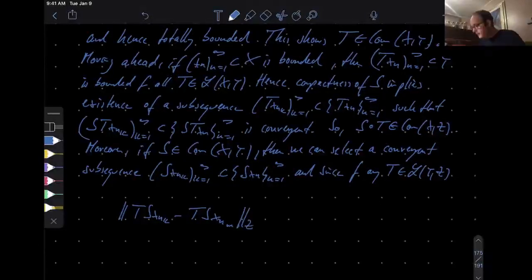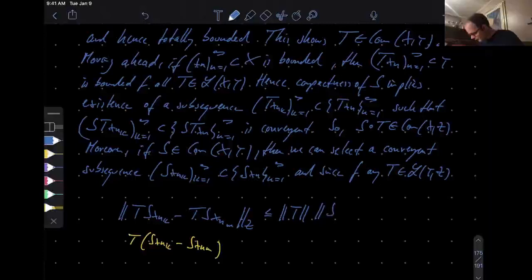This would be in Z space. Typical estimate, you can write this as T S x_{n_k} minus S x_{n_m}, and then you do the standard trick again, and then you have S x_{n_k} minus S x_{n_m}. This is now in Y space.